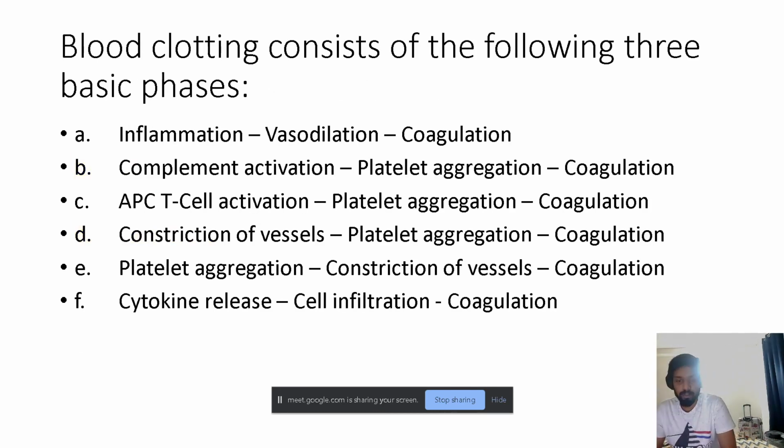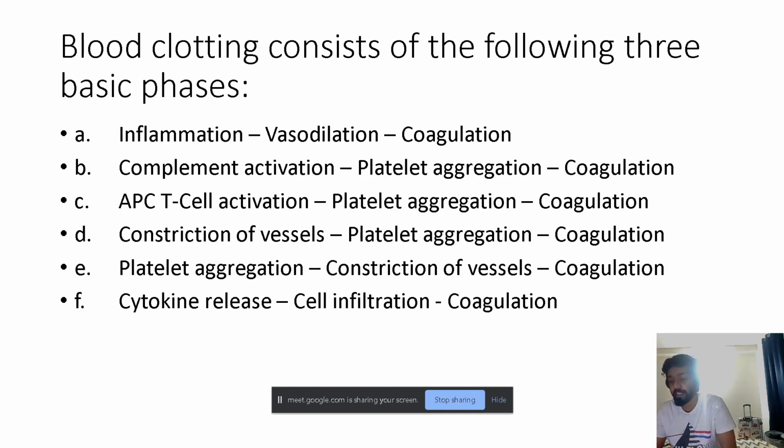Blood clotting consists of the following three basic phases: inflammation, vasodilation, coagulation; complement activation, platelet aggregation, cohesion; Option E, platelet aggregation, constriction of blood vessels, and coagulation is what you're saying. Okay, so it's definitely not antigen presenting cell T cell activation. The immune system did not get activated there.